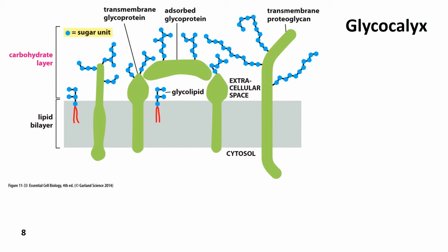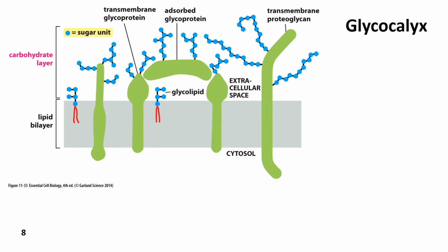Of course, the thickness of this sugar coat is going to vary between cell types depending upon a specific cell's function. This sugar coat is referred to as the glycocalyx and is comprised of cell surface glycolipids and both transmembrane and peripheral glycoproteins that have been decorated with carbohydrates during their synthesis.